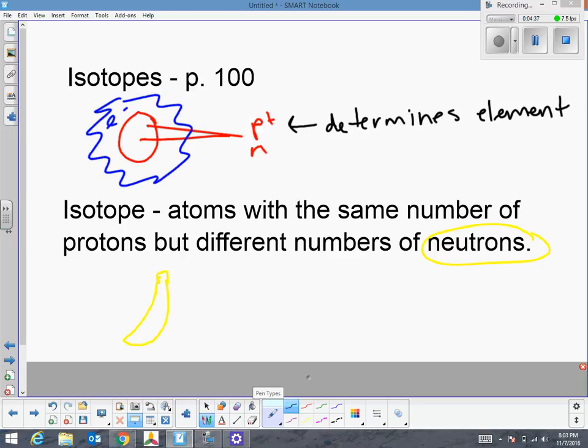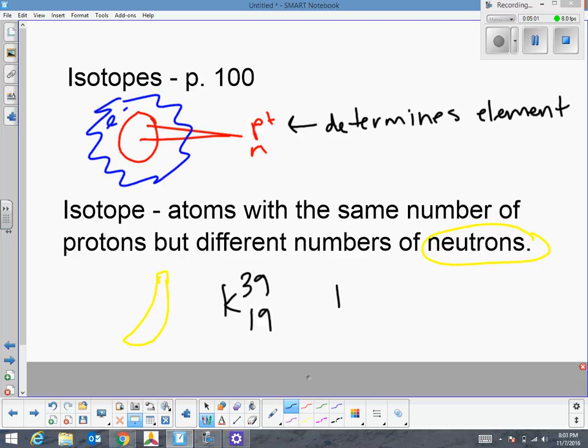Well, there's different types of potassium in that banana. You're going to have one potassium. Okay, K is a symbol for potassium. The mass of one of those potassium atoms is going to be potassium 39. And it has an atomic number of 19. Okay, so it's mass number 39.